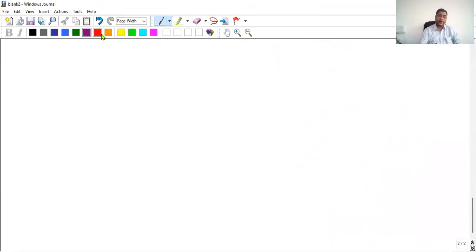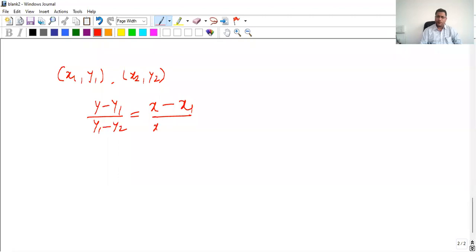If you are not able to get this directly, and if you have the points (x1, y1) and (x2, y2), either 2 points, then the equation of line is given as (y minus y1) upon (y1 minus y2) is the same as (x minus x1) upon (x1 minus x2). Okay, so this is the equation of the line, and you choose any 2 points.